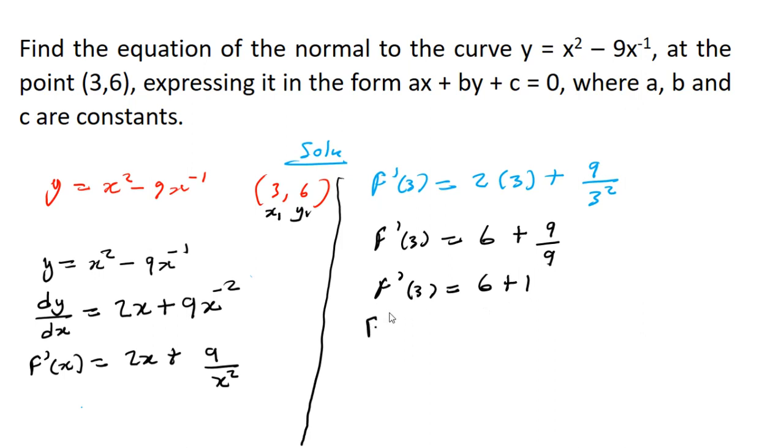Then you can simply say f complement of 3, which is dy dx, is simply equal to 7. So this is the gradient at that particular point. So we can say the gradient.